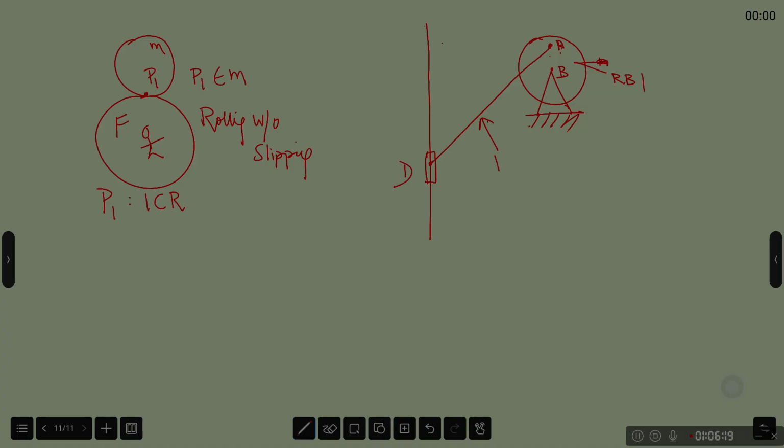The disc is fixed to the ground at its center and it is free to rotate. Rod AD is pinned on the disc on one end, and on the other end it is connected to a sleeve which has the freedom to move upwards or downwards only, no horizontal motion possible.